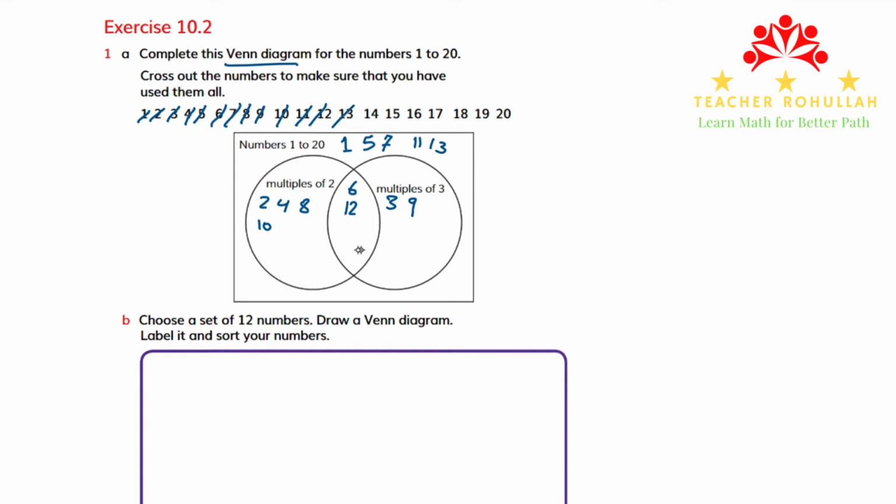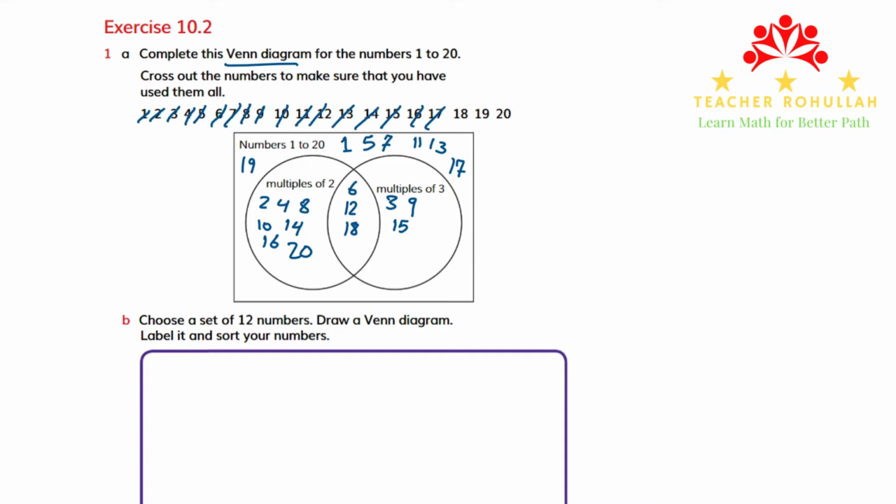I will cross it. 14 is only multiple of 2, so 14 comes here. 15 is a multiple of 3, but not multiple of 2, so it comes here. And 16 is a multiple of 2, so it comes to the left. 17 is not multiple of any of them. 17 comes out. 18 is multiple of both, so 18 comes in the center. 19, I will write here, 19 is not multiple of any of them. And 20 is a multiple of 2.